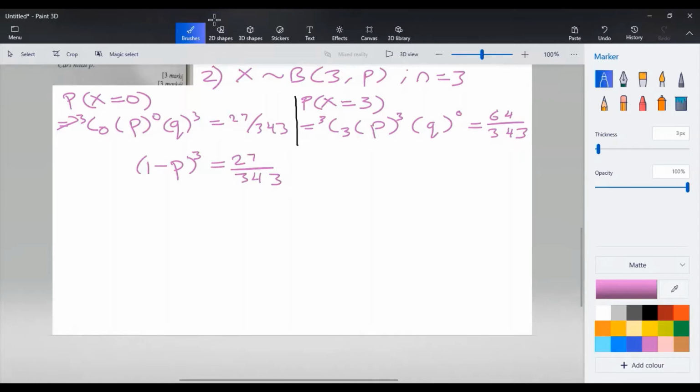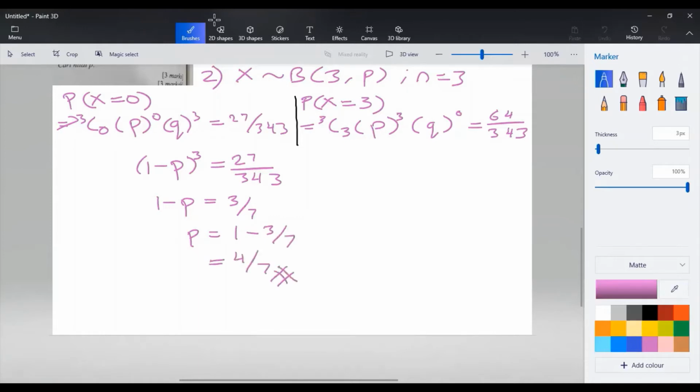Oh, wait. I think we don't even have to do anything else. So 1 minus p equals the cube root of 27 over 343, which is 3 over 7. So if I switch places, p equals 1 minus 3 over 7, which is just 4 over 7.